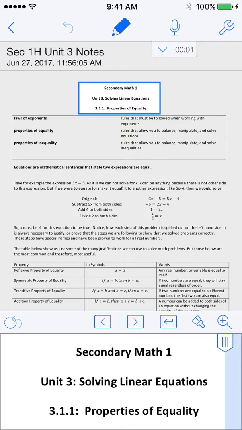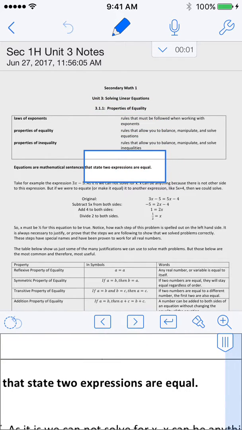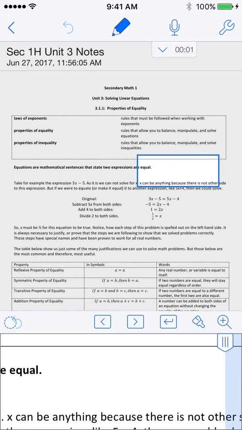Alrighty, let's get started. 3.1.1, properties of equality. So let's say you have this expression. We'll call it 2x plus 4. Okay, so you have 2x plus 4. This is an expression, okay? Expressions cannot be solved, right? This is just a statement put together. It's got coefficients, it's got terms, it's got constants, right?